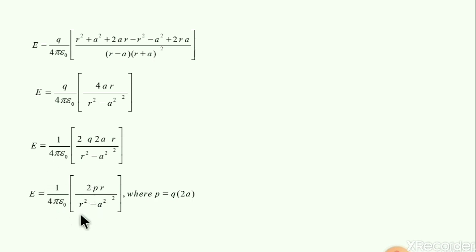So now the expression turns out to be E equals 1 by 4 pi epsilon naught, 2pr by r square minus a square the whole square. And here I have mentioned that p is replaced in the place of q into 2a.